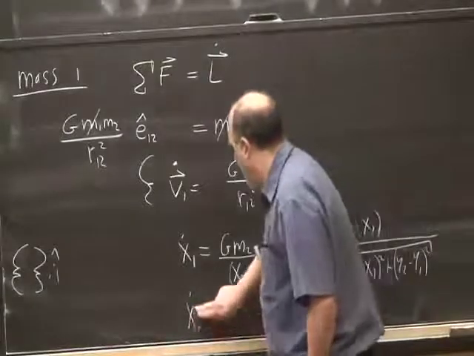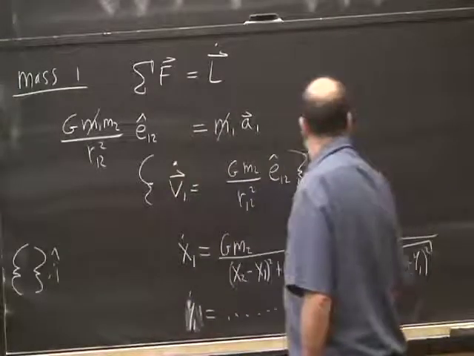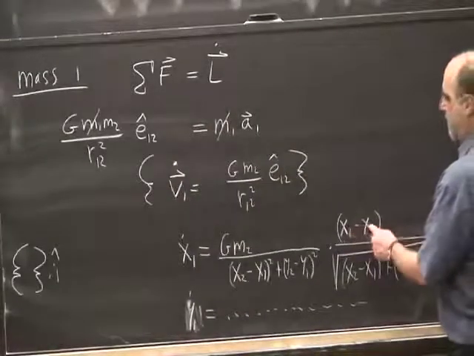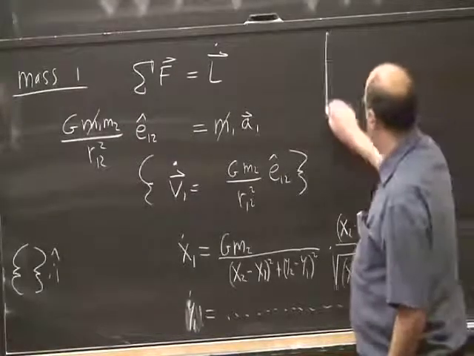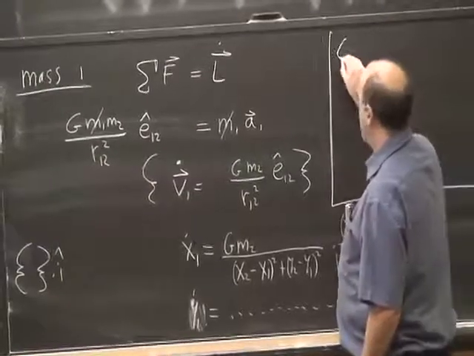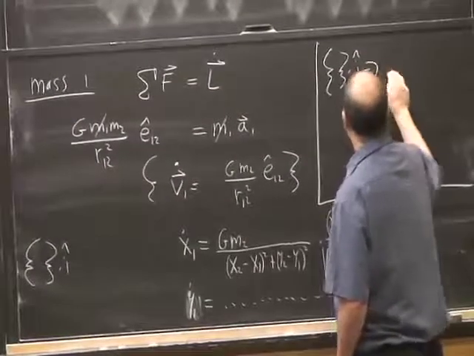Sorry, I wanted to do y1 dot. What's the difference between y1 dot and x? We put y's here instead of x's, and everything looks the same. And then similarly, we could take that equation in brackets and dot it with j.